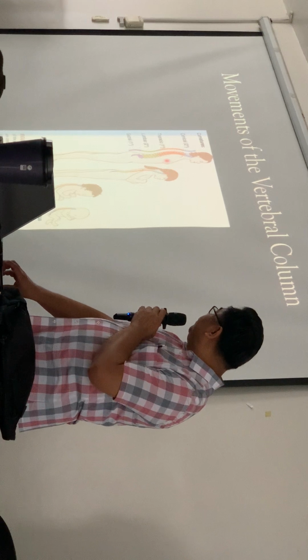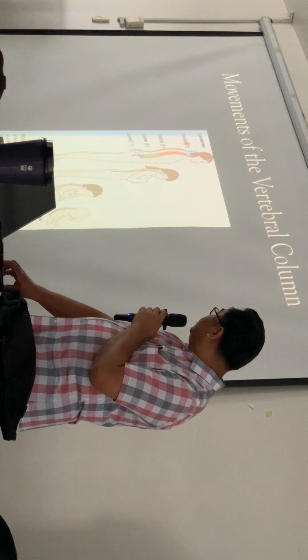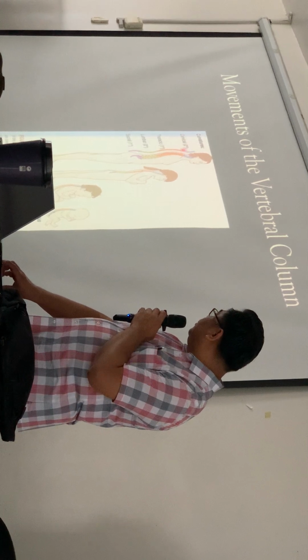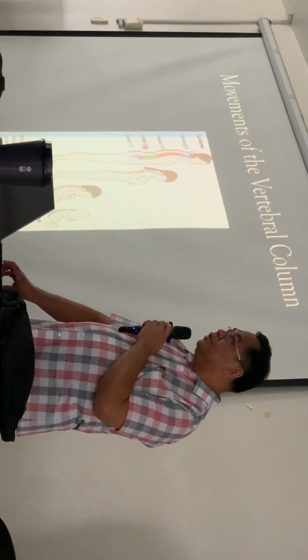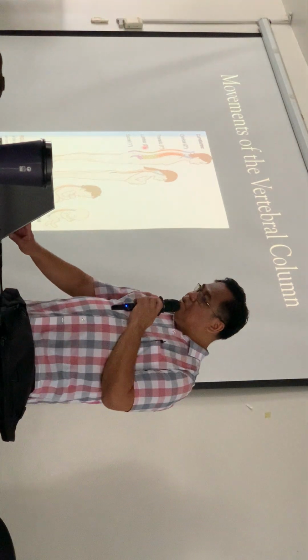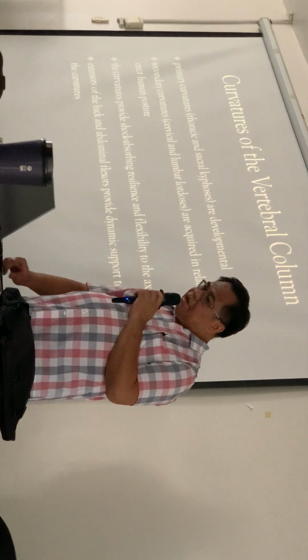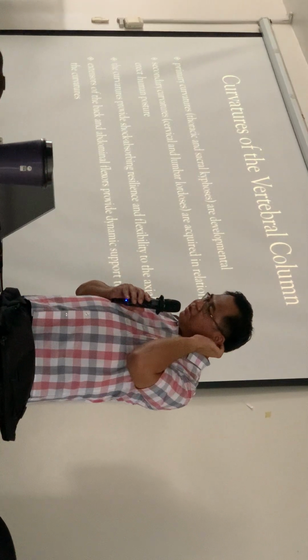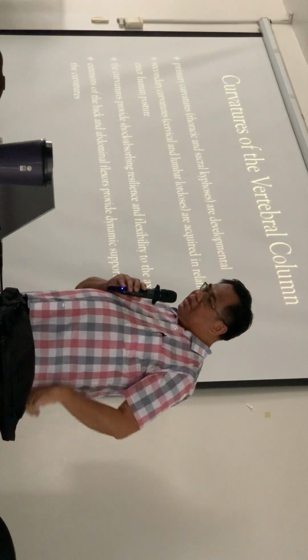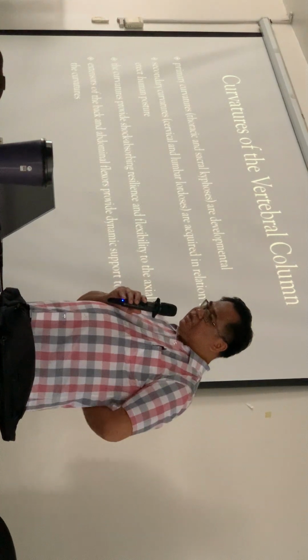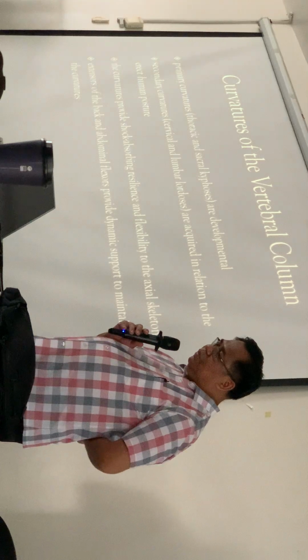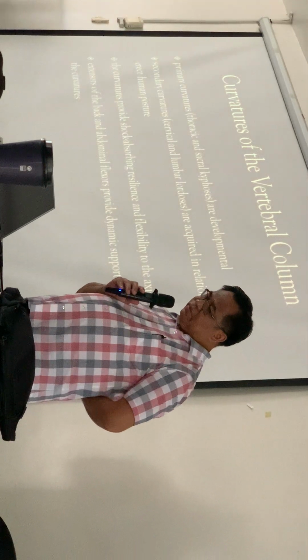Okay, so the primary curvatures, the thoracic and sacral curvatures, exist in the fetus, while the other curvatures are developmental, the cervical and the lumbar, as we go upright against gravity. So again, the primary curvatures, the thoracic and sacral kyphosis, are developmental, while the secondary curvatures are acquired in relation to the erect human posture.